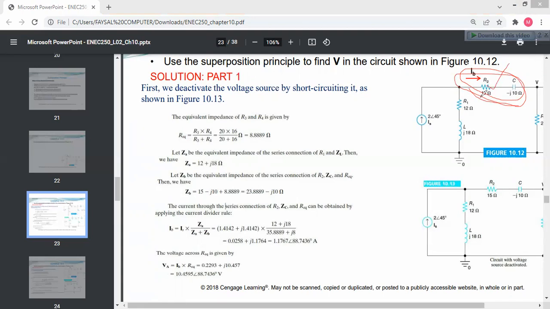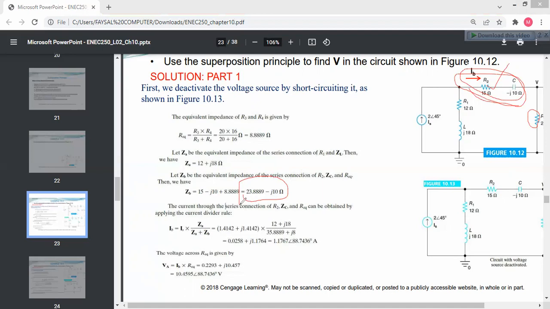So R2 will be 15 minus J10 ohm plus the value of my R equivalent, which is R3 into R4, the value is 8.8889 that I found from above. So the value is 23.8889 minus J10 ohm for this ZB value.